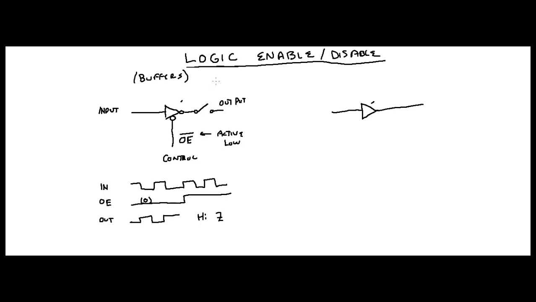That's just a switch right there. I just tried to draw a switch for you. Those little circles are not inverter bubbles, I'll fill them in so I don't confuse you. They're just a switch. So when the output enable is high, which means it's not active, it's basically been disconnected from the circuit. So that's why we call it high Z.